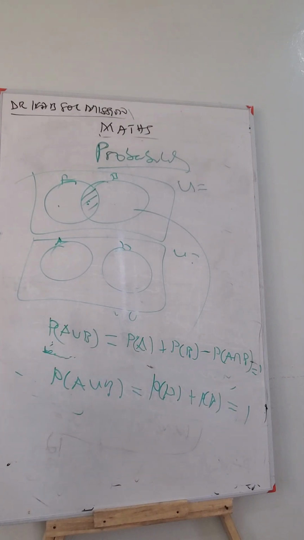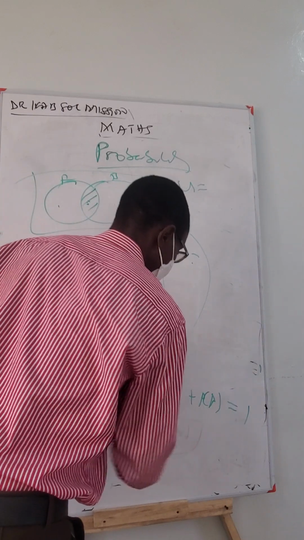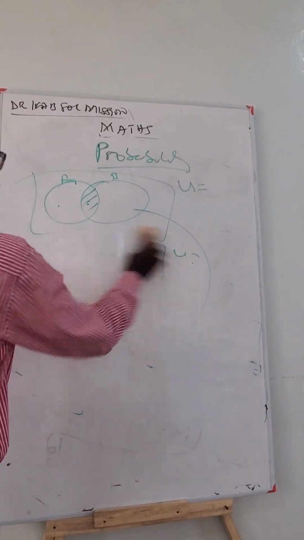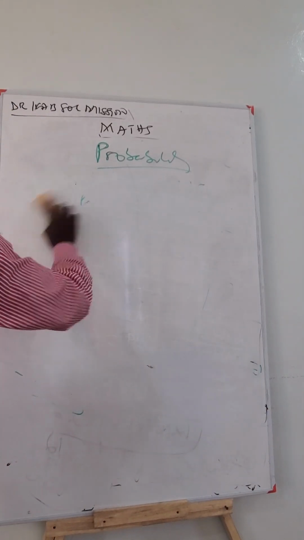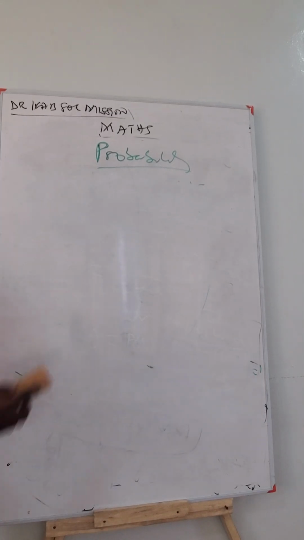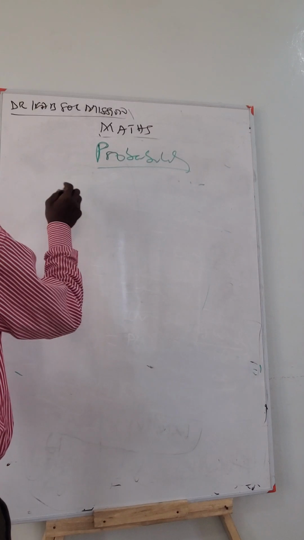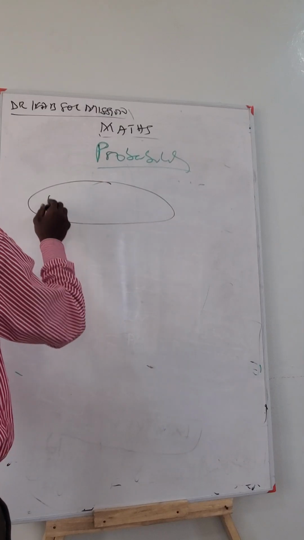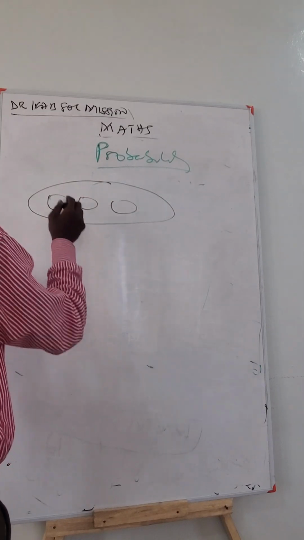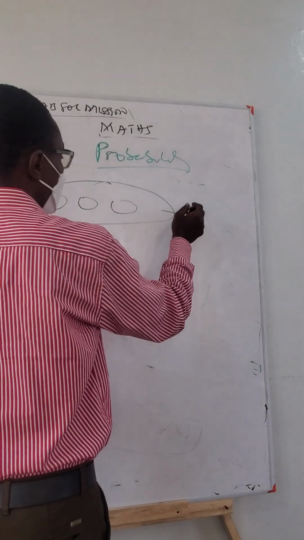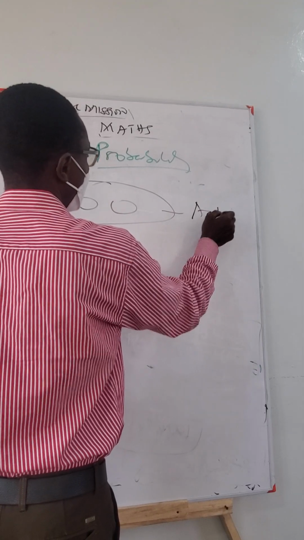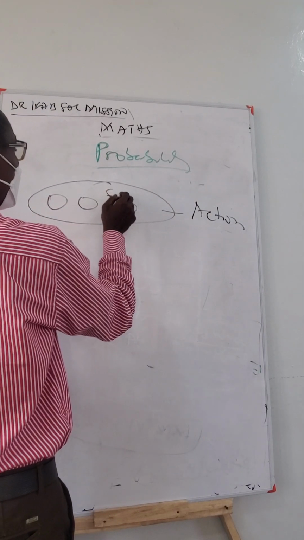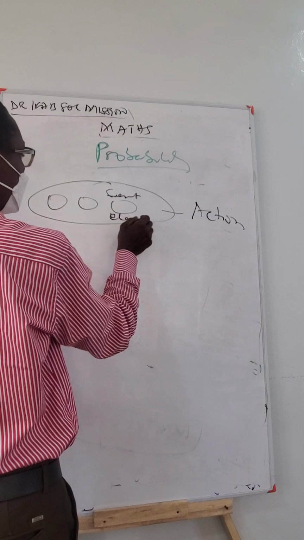Now, you must remember that in probability, you must look at the questions from this angle. Always, you have an event like that. Within this is an action. I'll call that action, and these are the events in it, or the elements in it.